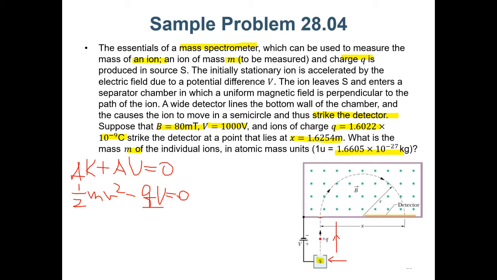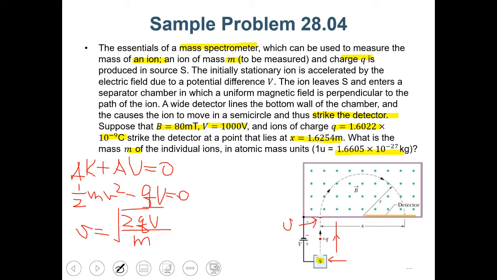So we get the initial speed v, which is the square root of 2qV over m. This is v, the initial velocity.